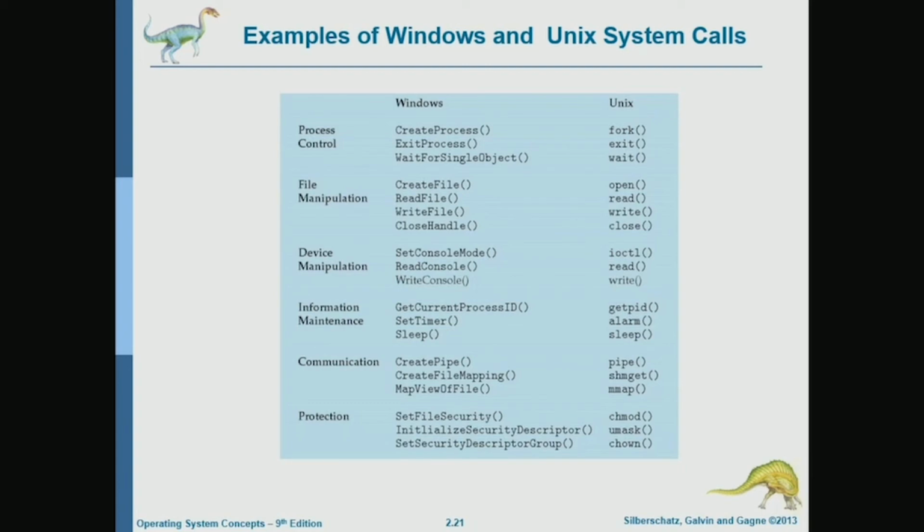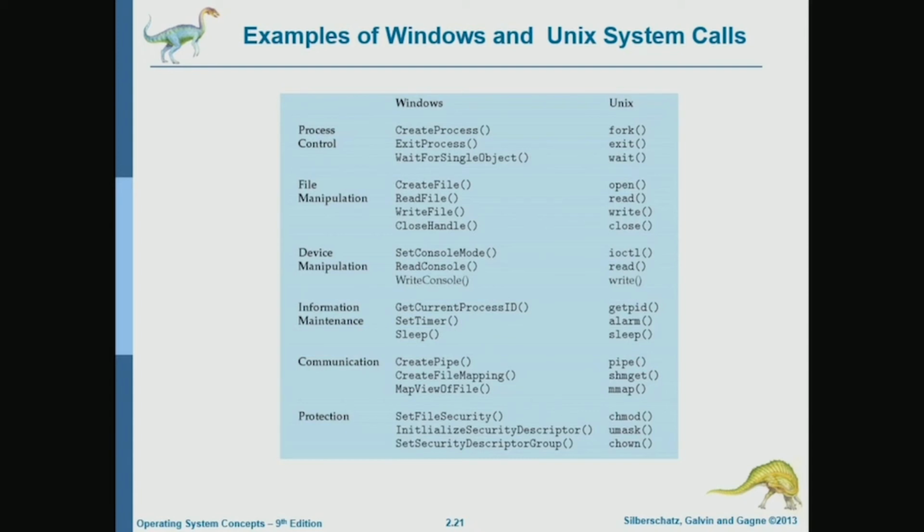In our assignments, we will be using Unix, so we will be using the fork system call. In a later lecture, when we get to processes, we will look into the difference between fork and create process. We will look into some examples on how a process is created using create process and using fork.